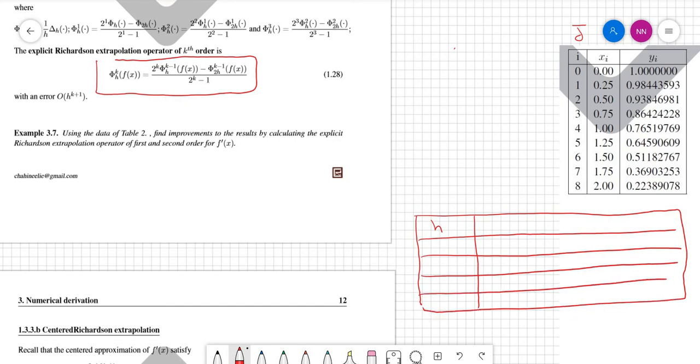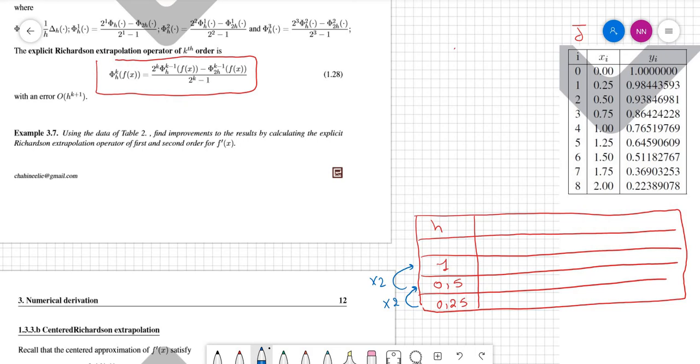If we are at the point 0 now, we will use many step sizes like 0.25, 0.5 and 1, and now I will keep the first row empty. We can notice that from 0.25 to 0.5 we are multiplying by 2, and from 0.5 to 1 we are multiplying by 2.